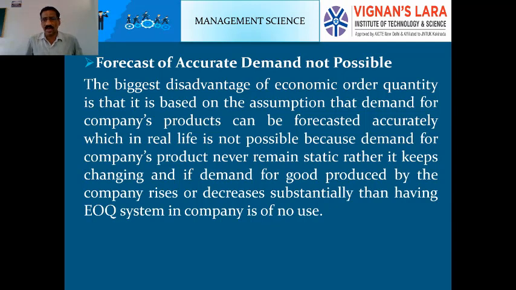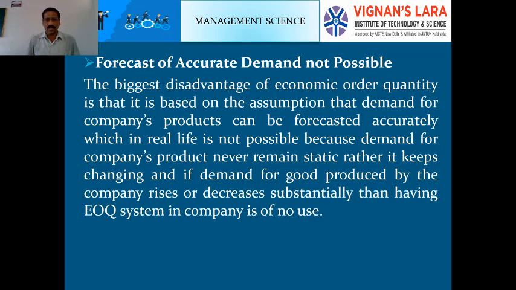Demand never remains static, rather it keeps changing, and if demand for goods produced by the company rises or decreases substantially, having an EOQ system in the company is of no use at all. Example, customers may or may not purchase more.